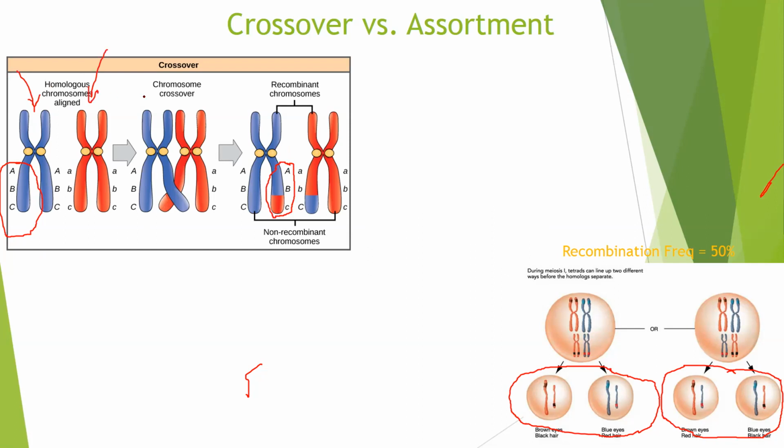All right, so what caused these recombinants? This is our focus now. From now on, we're going to focus on crossing over, because in this case the linked genes can produce recombinants through crossing over. I hope everyone knows this.